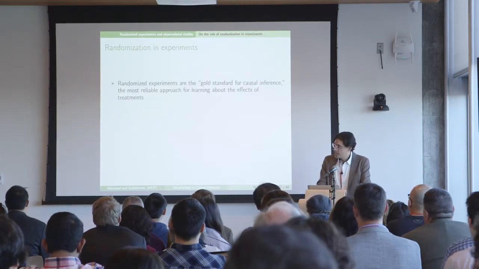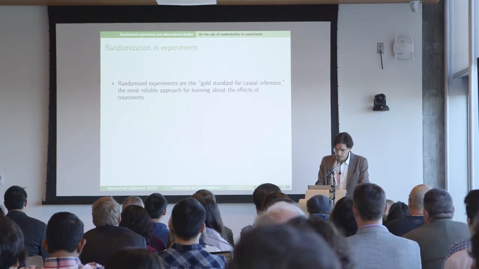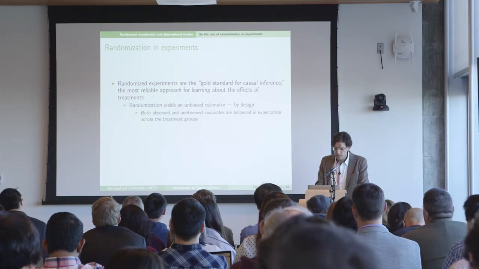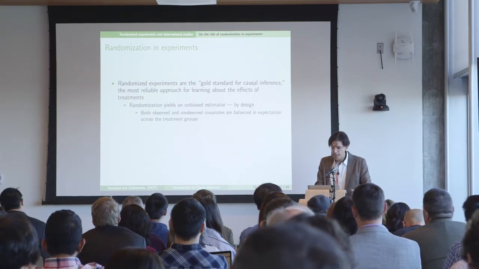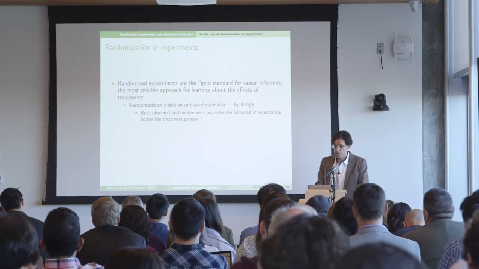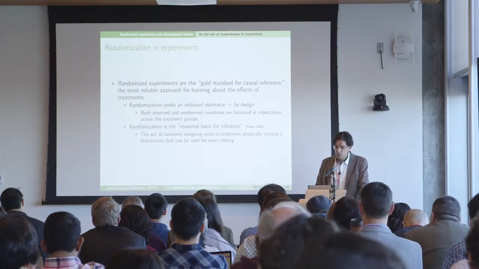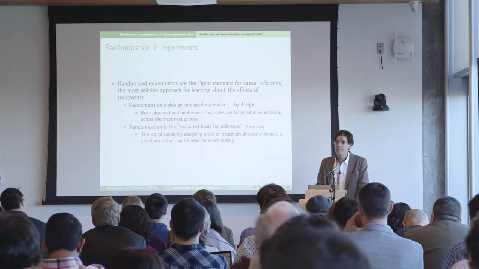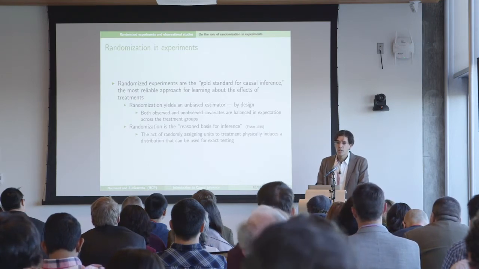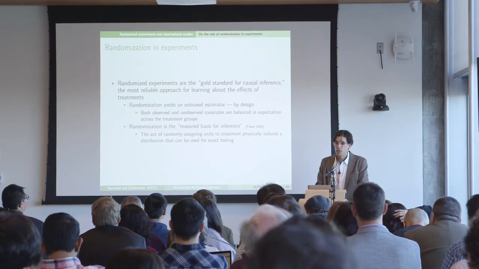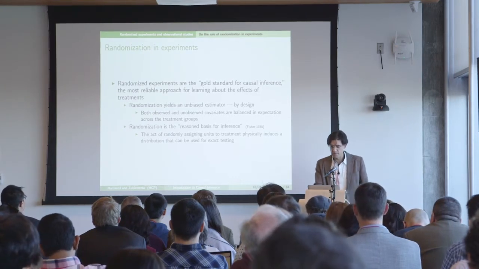So randomized experiments are the gold standard for causal inference, the most reliable approach for learning about the effects of treatments, because randomization begets an unbiased estimator by construction. And second, I wish to emphasize too, because randomization gives us a basis for inference without resorting to any kind of assumptions. This is what Fisher called the reasoned basis for inference.